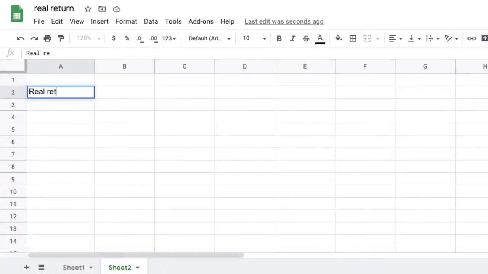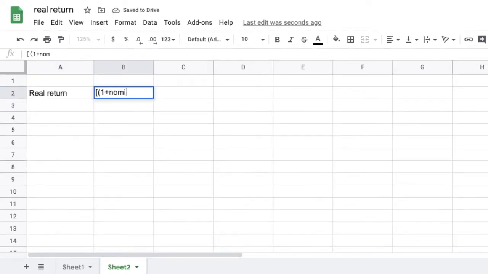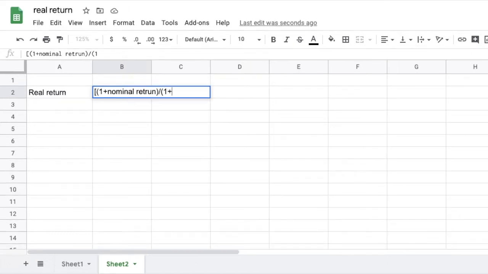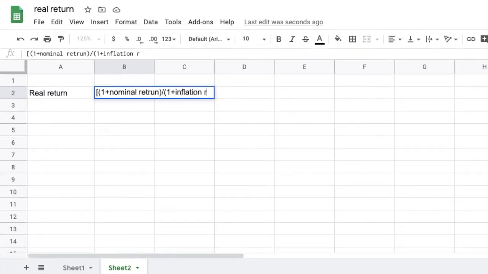Now let me show you why this article on Economic Times says a negative return of 3%. So let's open our sheet and do the calculation. Let's calculate the real return. It is calculated as 1 plus nominal return divided by 1 plus inflation rate, minus 1.